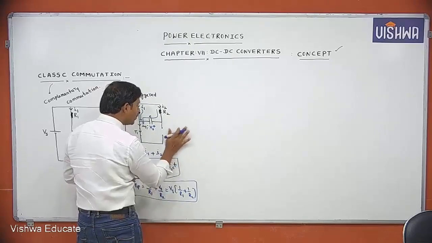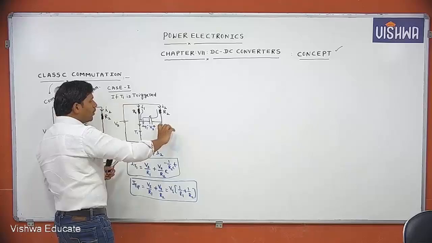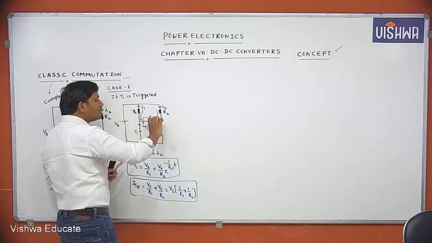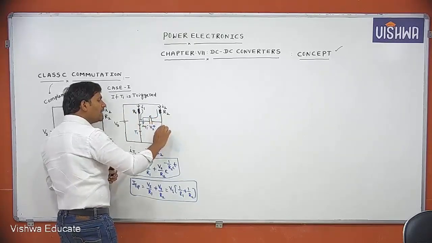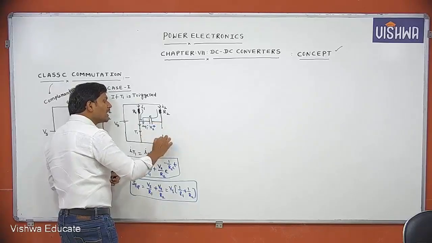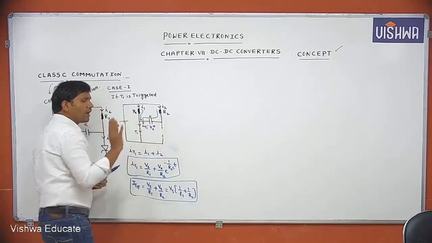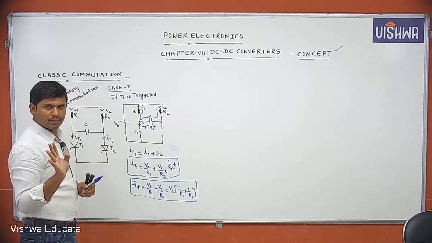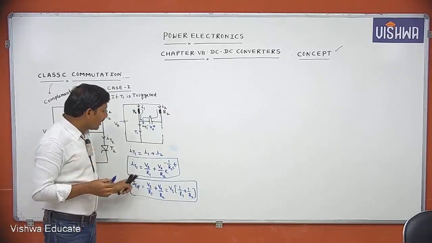Still it is not a negative voltage. The voltage across T2 appears as positive and negative, so it is still a forward voltage only for T2 also.